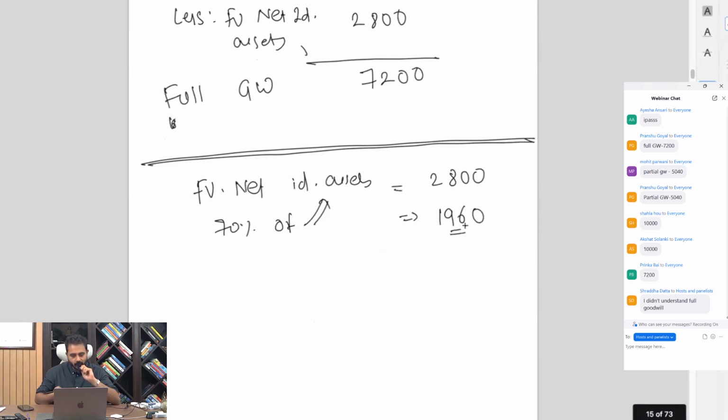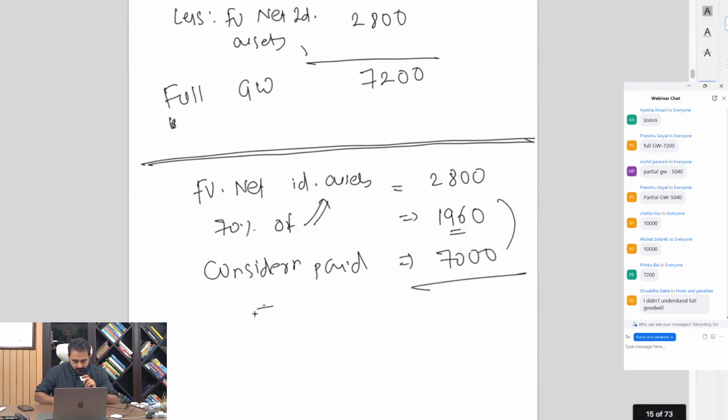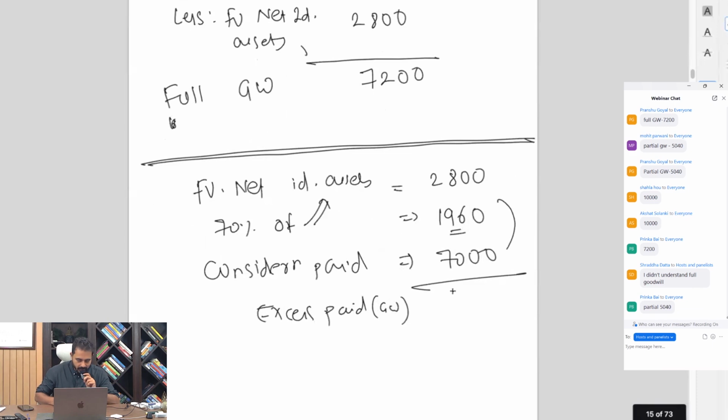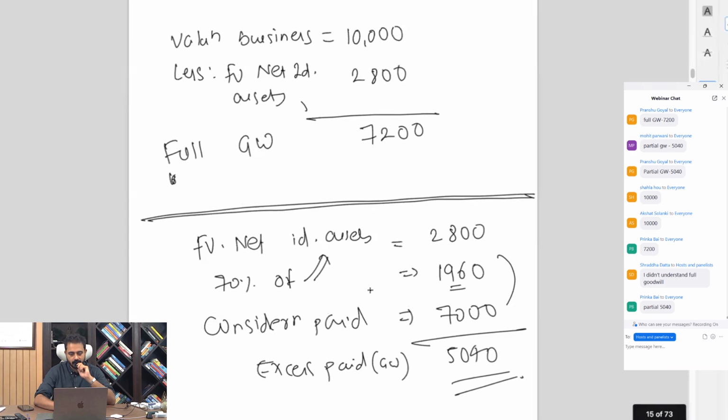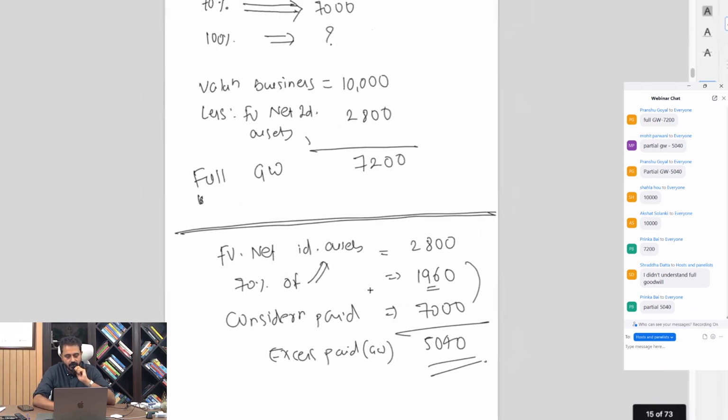So ideally, this is the amount I should have paid. However, consideration paid was how much? 7,000. So then excess paid. This excess amount paid is your goodwill. Okay, so 7,000 minus 1,960 is 5,040. This is my goodwill under the partial goodwill method.